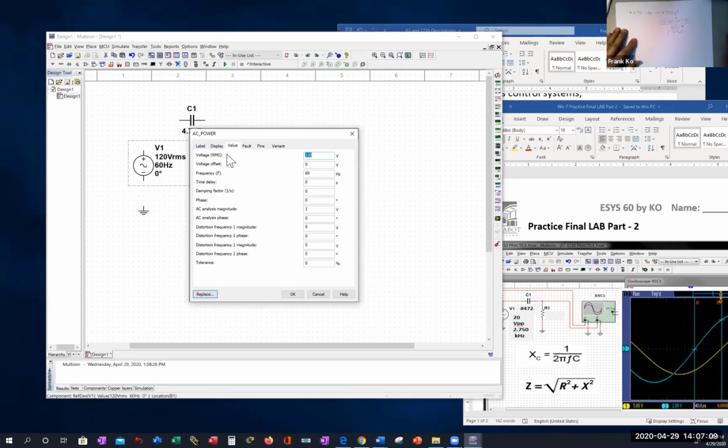It shows it to me in RMS. Okay, so I'm going to want this. 10 volt peak is going to be 7.07 volts RMS. So we're going to type in 7.07 and then click OK.